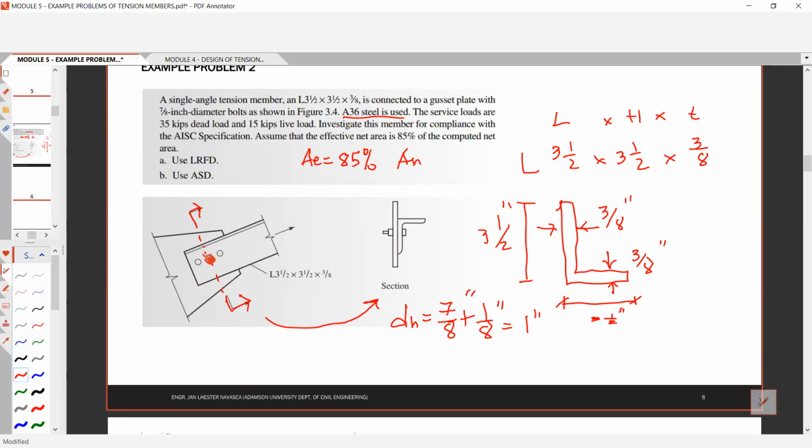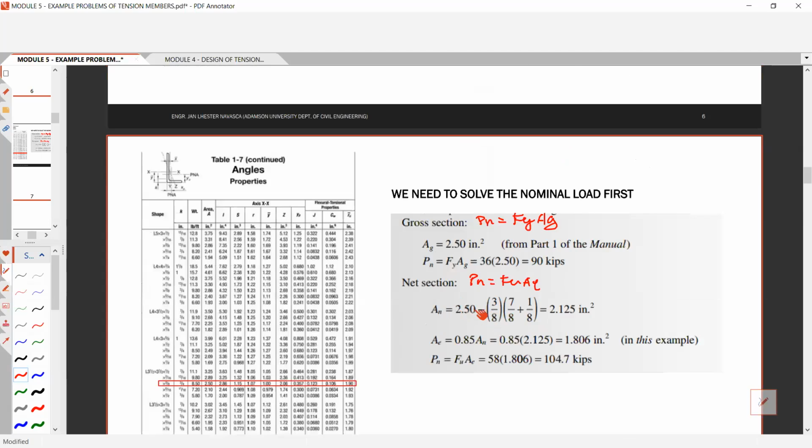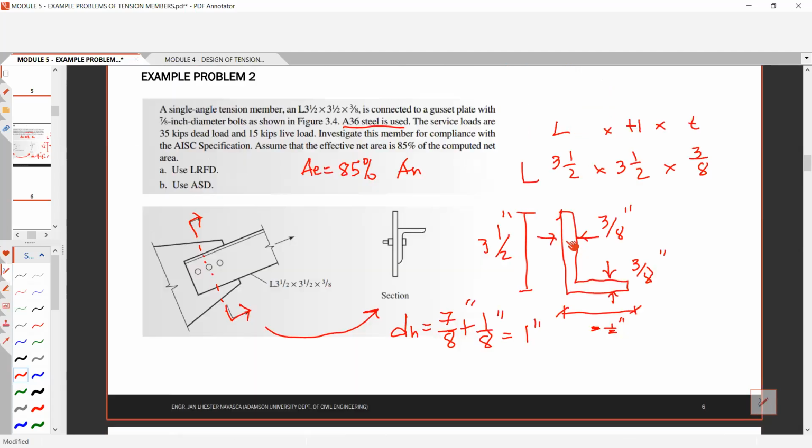We have 1 hole. Therefore, our An is 2.5, which is Ag, minus 3/8, the thickness of your angle bar. That is this area.